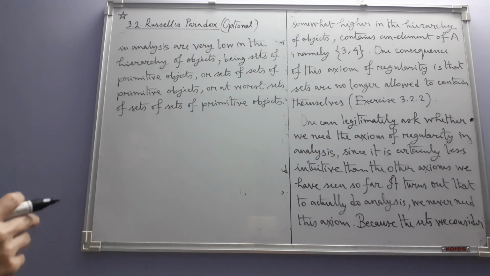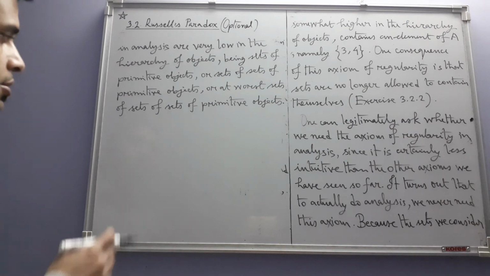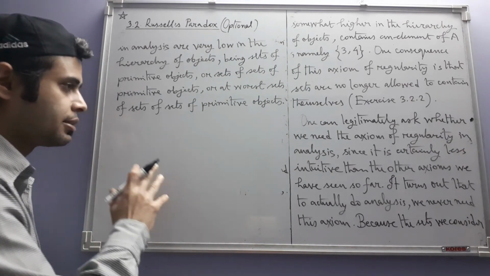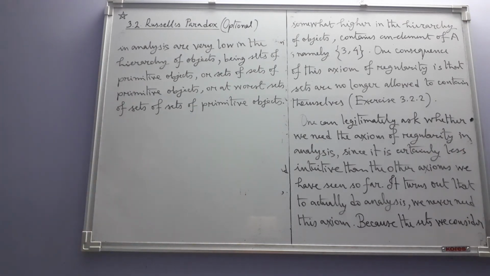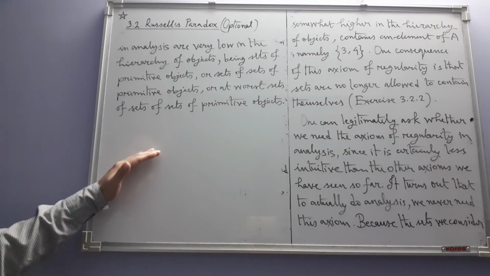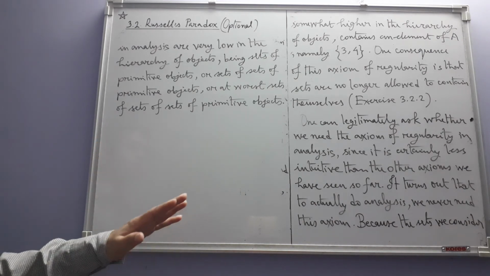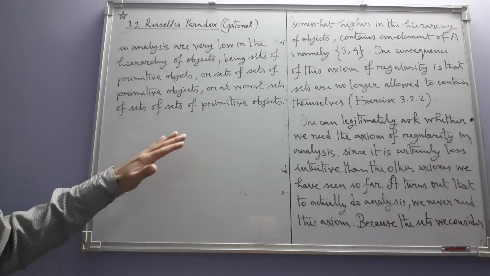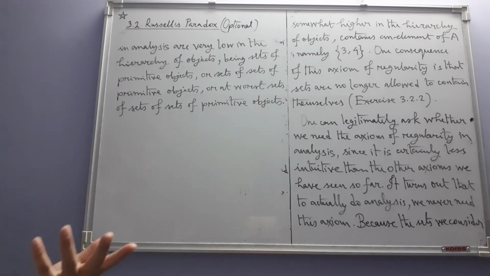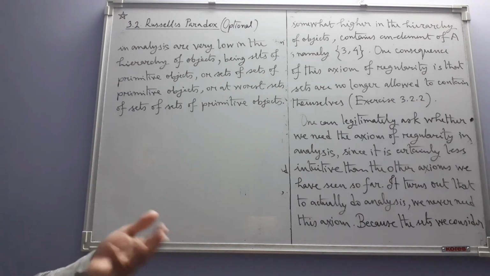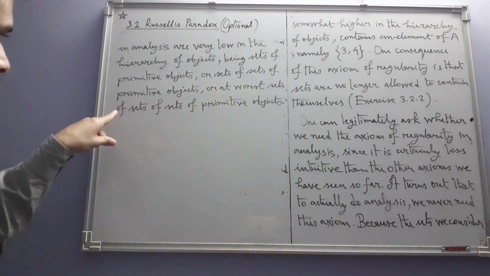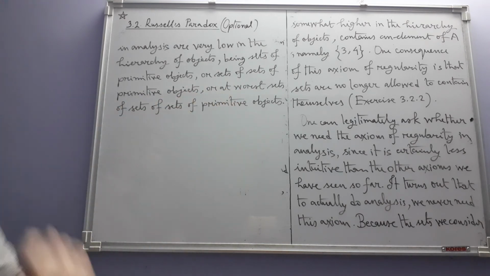Or we need not go in fact to topology. We can consider the power set of a set whose objects are themselves primitive sets, that is sets of primitive objects. And if you consider a collection of power sets of some set, or for example power set of a power set, then that is a set of primitive objects.